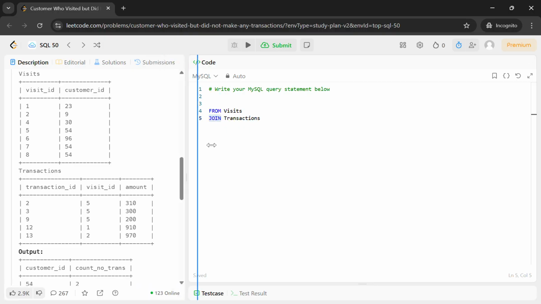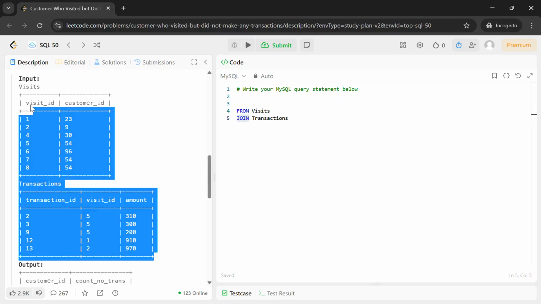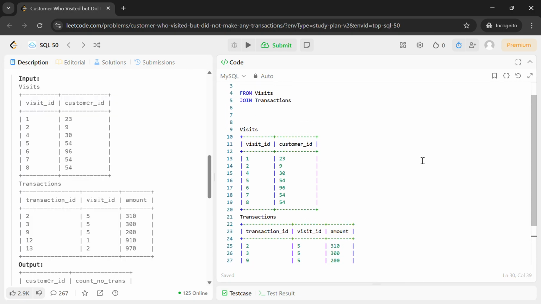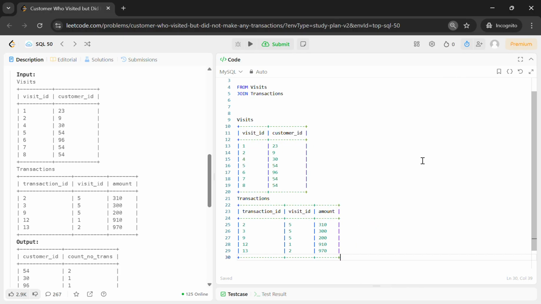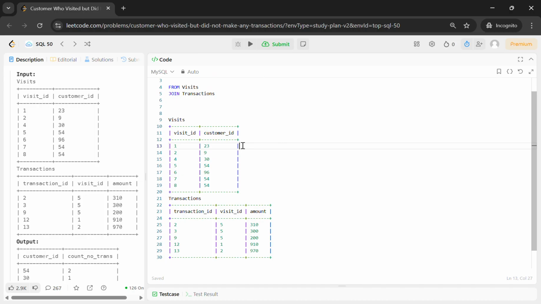Now we need one column based on which we will form the relation. After writing this much, we have both the tables with us. Now which column do you think we can use for the relation?